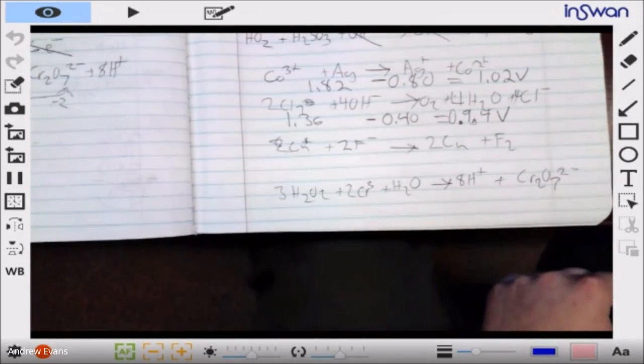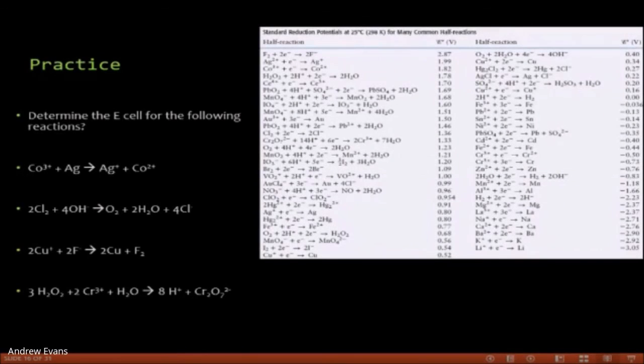Okay. Looking at 2 copper 1 plus goes to copper solid. So that's at the bottom of the left column. That's 0.52. And then we have fluorine goes to F2 minus. That's the top, 2.87.